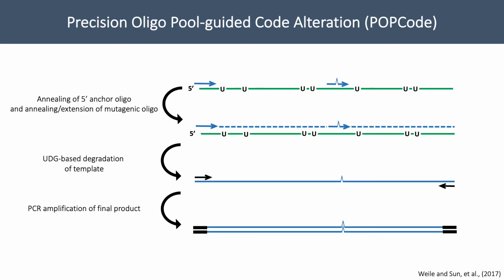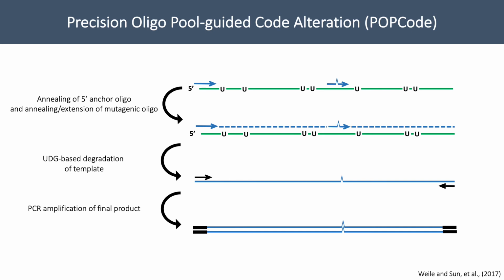So the last method I want to present is the one that I and others developed in the Roth lab, called POPCode, where essentially we borrowed from various other mutagenesis strategies to design a protocol that works well for us in the lab. So in its original version, we also used a uracilated template that was generated by PCR with Taq DNA polymerase that could incorporate dUTPs.